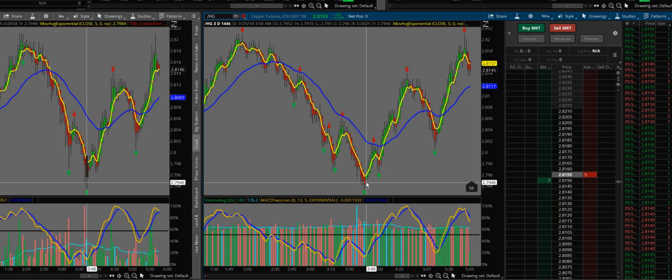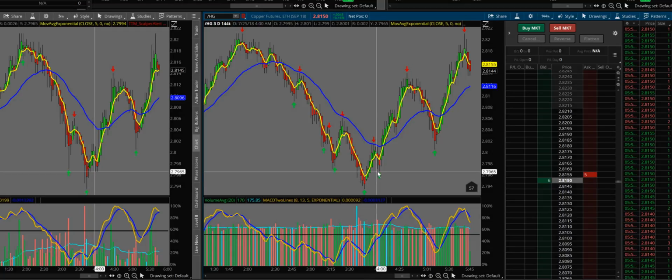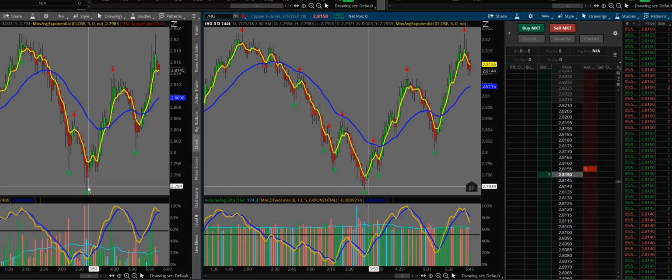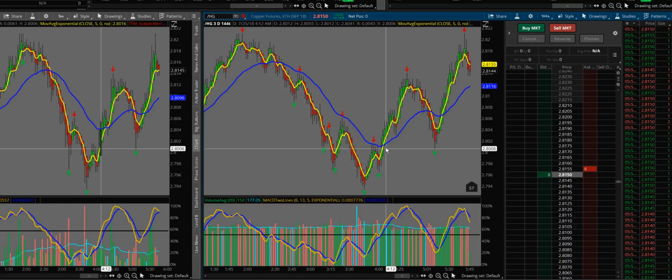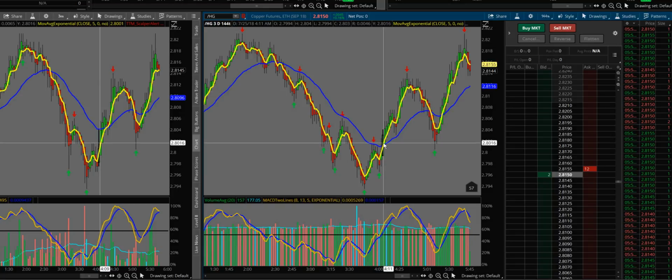So over here you can see low, higher low, low, higher low, coming off this bottom, this MACD. Same thing over here. On the second candle on this chart, you could have taken a long, gotten a crossover here.